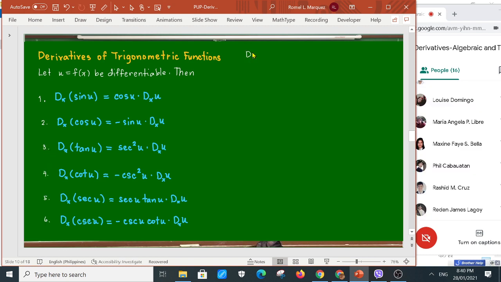Differentiate the given function. Number 1, f of x is equal to sine of x to the fourth plus 3x.